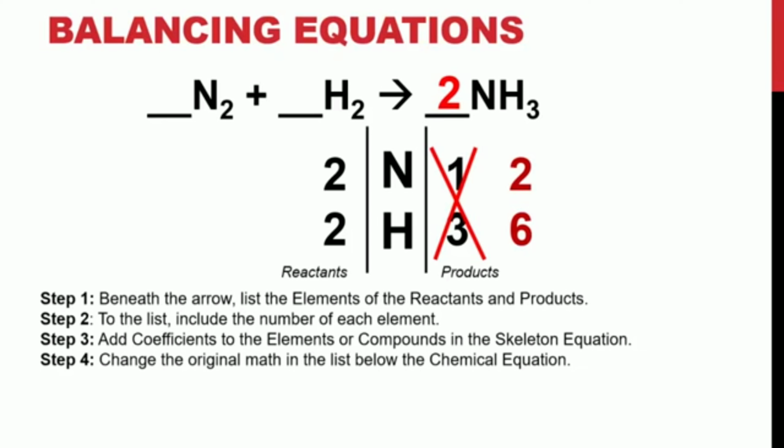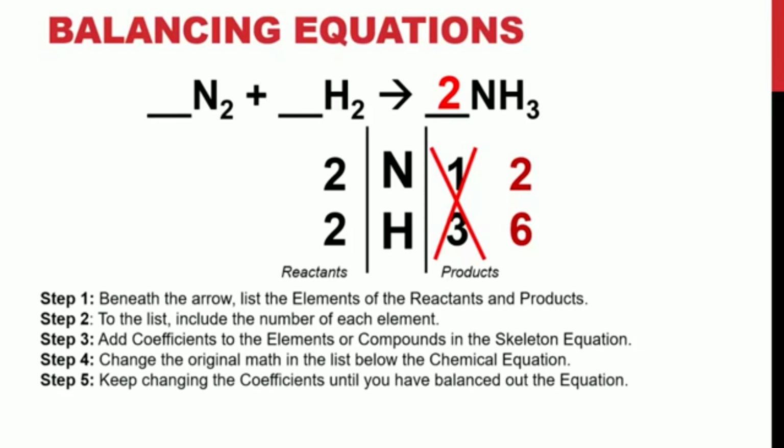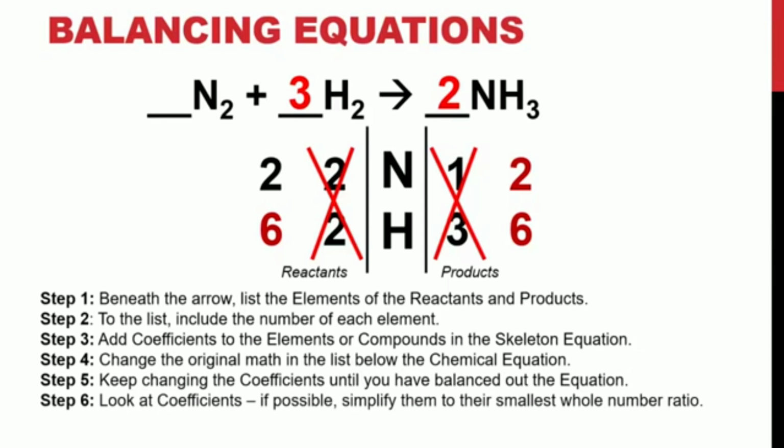So the coefficient of 2 changes the atom count on the product side to 2 nitrogen and 6 hydrogen. Now we need to balance the hydrogen. Since there are 6 hydrogen on the product side, in order to get 6 on the reactant side, we add the coefficient of 3. This concludes Lesson 38.